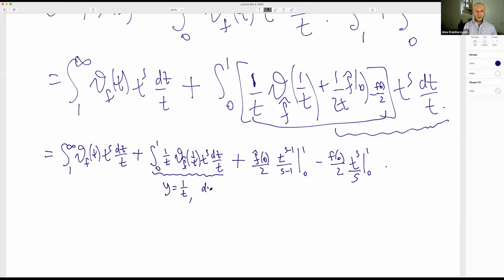So what is dy? I guess it's negative 1 over t squared dt. So what is dy over y? Negative 1 over t squared dt over 1 over t, also known as, one of these cancels, negative dt over t. Aha. Haar measure.